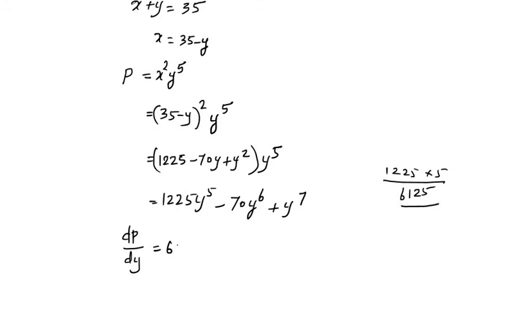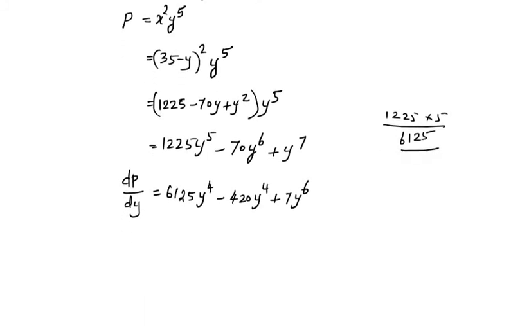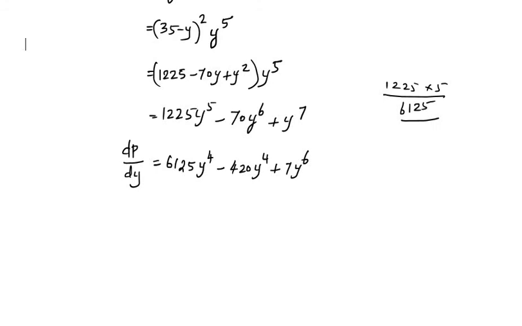Therefore, if I differentiate, I will be getting 6125 y power 4 minus 420 y power 5 plus 7 y power 6. Right? Okay.